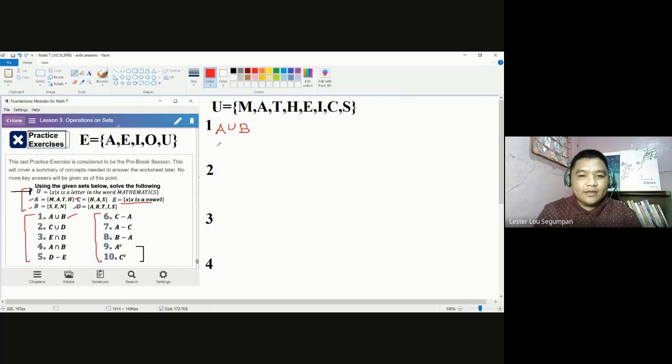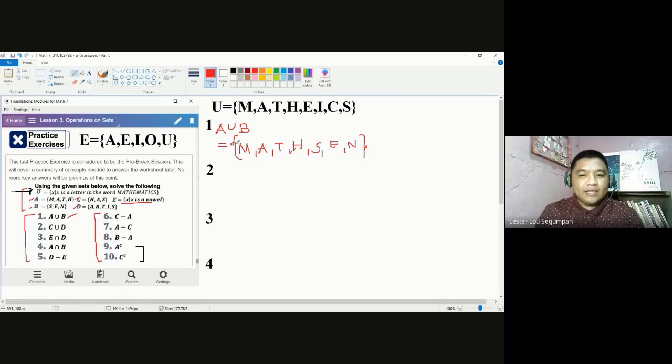So if this is the case, for the union of A and B, simply come up with a set in roster form, writing all the elements that can be found in A and in B. A here has the elements M, A, T, and then H. As for set B, you have elements S, E, and then N. Close it, as we are now done writing the elements of set A and set B into just one set.